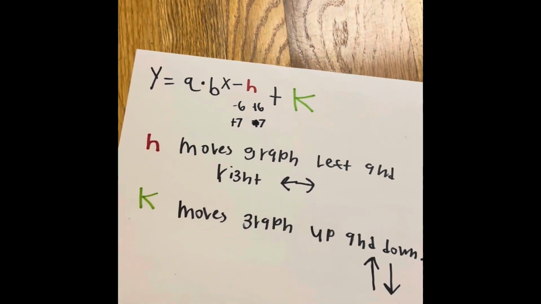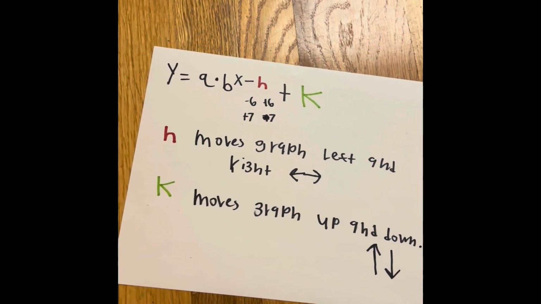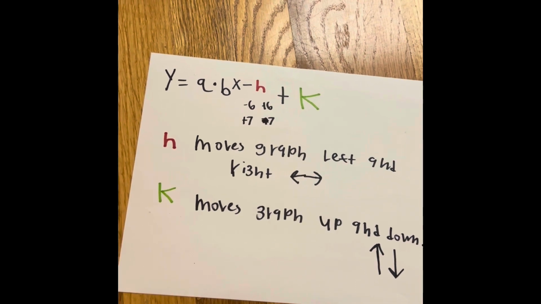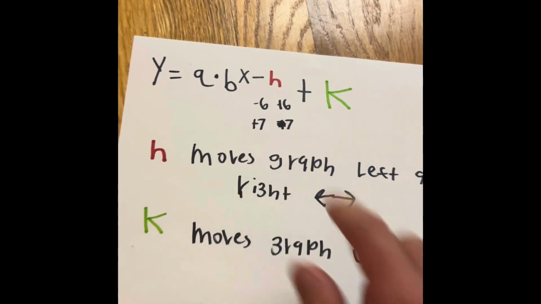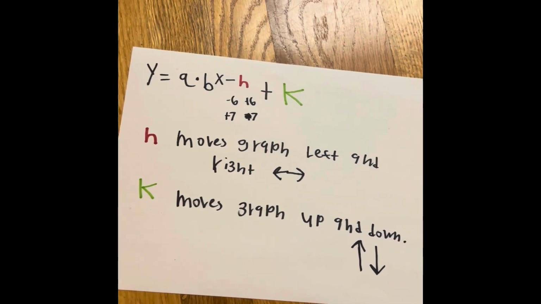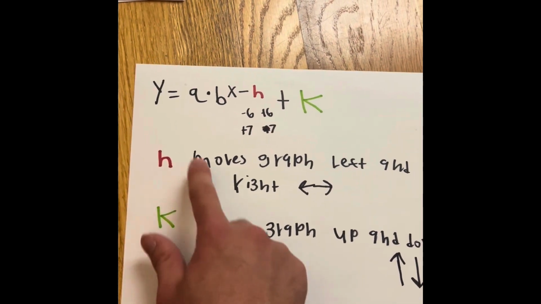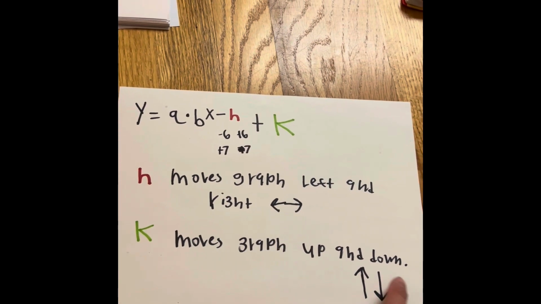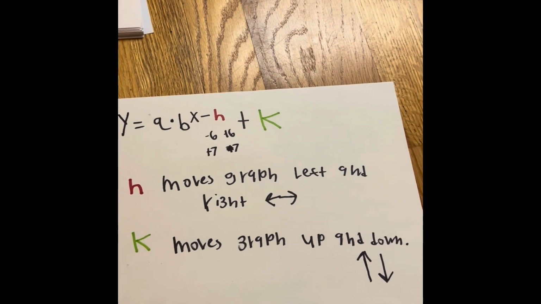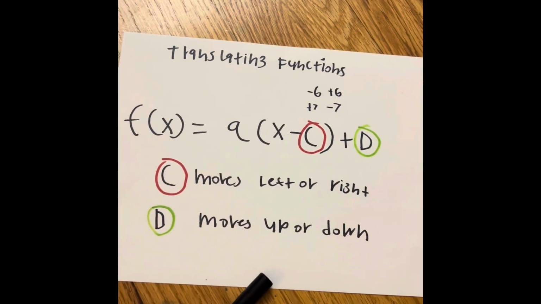That is where a lot of kids get their test questions incorrect, because they always confuse the negative and the positive. So the letter h, whatever you put in it, moves the graph left and right, and whatever you put in k moves the graph up and down, which is very similar to this one.